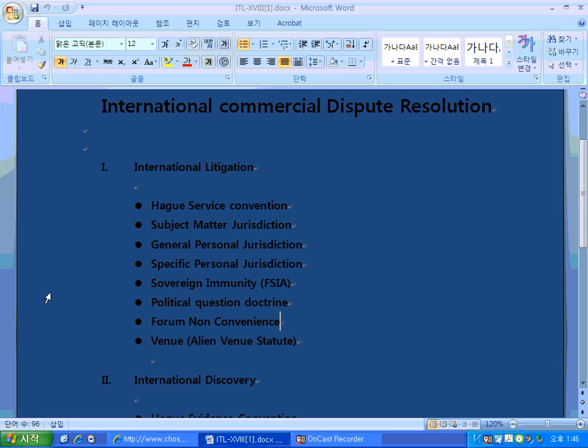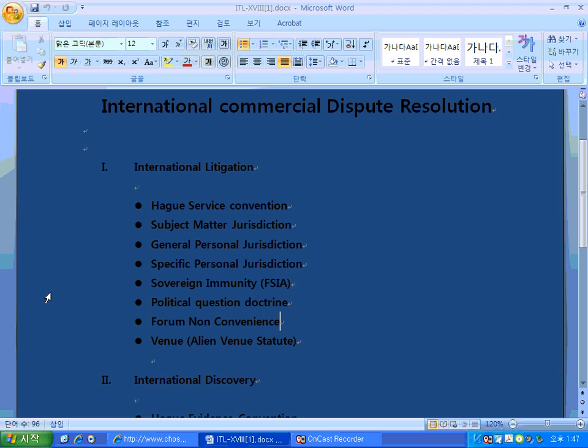And also, the forum selection clause has to be seriously studied to protect the businesses' interest.